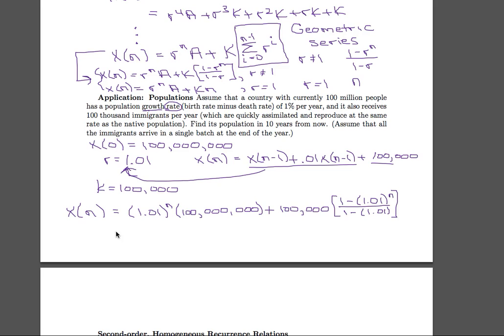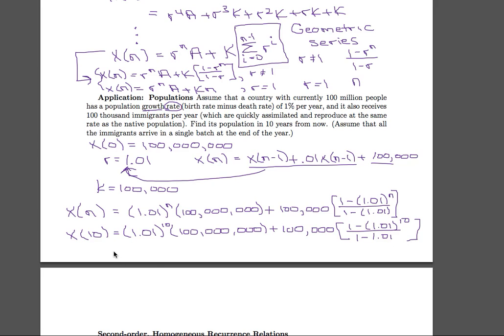And then we were asked specifically for the population after 10 years, so we're going to plug in n equals 10. So 1.01 to the 10th times the 100 million plus 100,000 times 1 minus 1.01 to the 10th all over 1 minus 1.01.